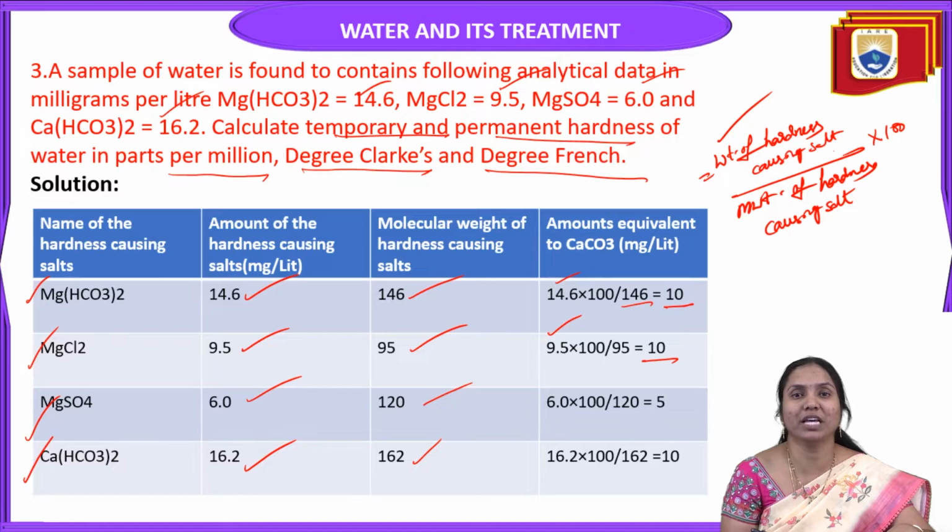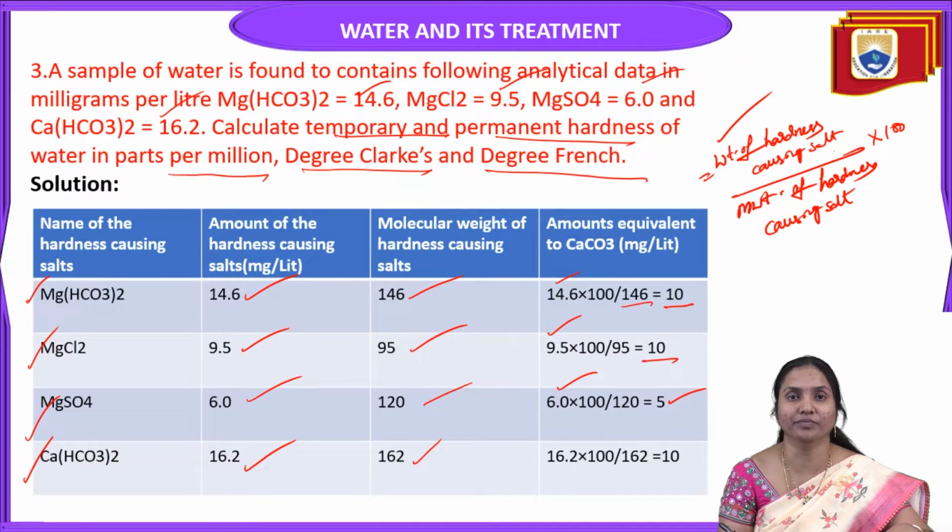And next, magnesium sulfate. The weight of magnesium sulfate is 6, molecular weight of magnesium sulfate is 120. So when we substitute it in this formula, 6 by 120 into 100 is equal to 5 milligram per liter. And next one is calcium bicarbonate.